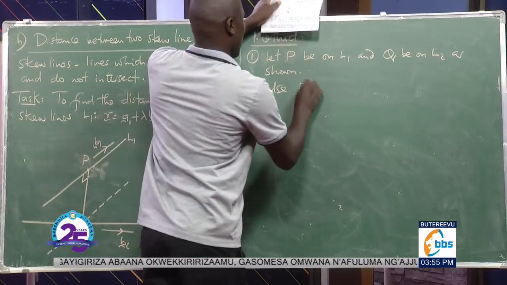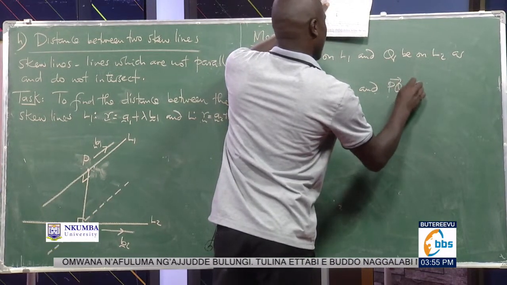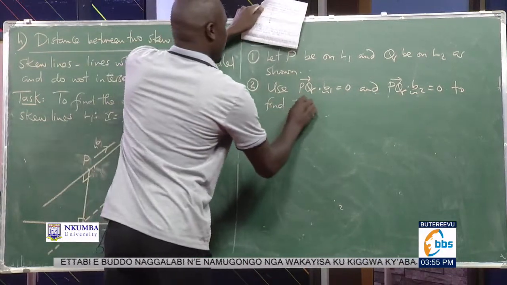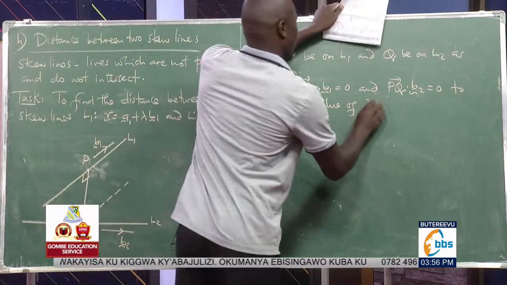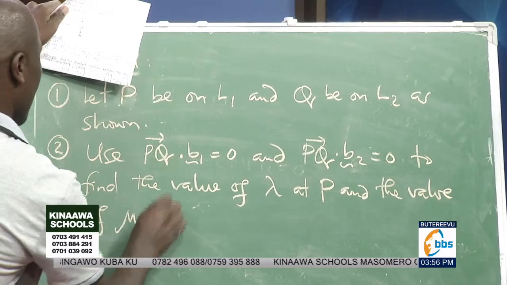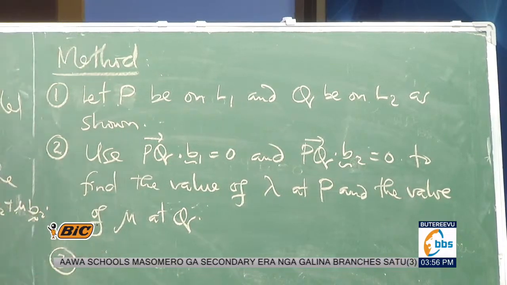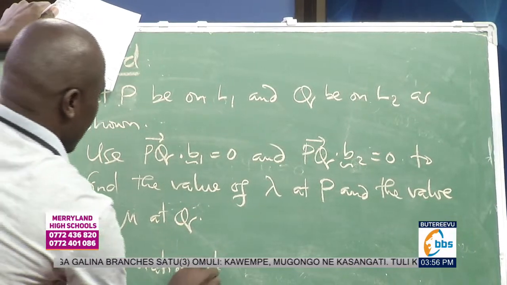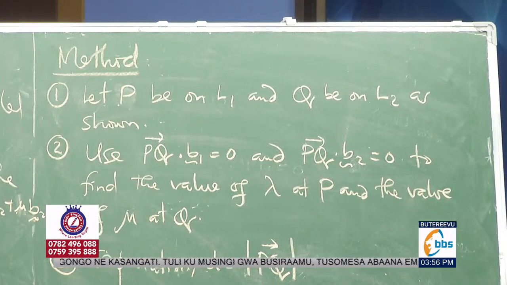So use PQ dot b1 equals 0 and PQ dot b2 equals 0 to find the value of lambda at P and the value of mu at Q. So once you have those two things, then the separation D is going to be given by the magnitude of PQ.